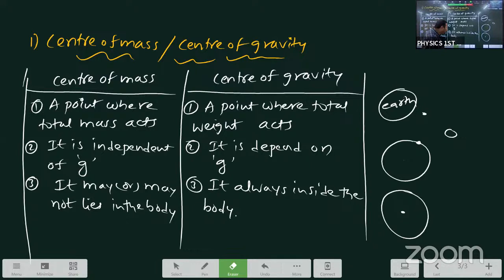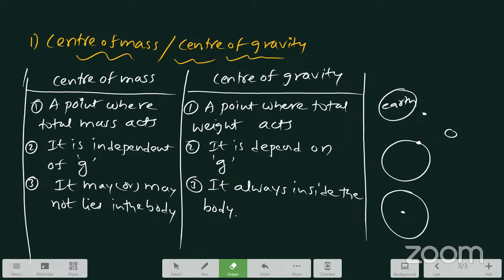That's why we are saying it may or may not lie in the body. Meaning sometimes inside, sometimes outside, sometimes on. That is the overall meaning. What about the right side? It is always inside the body.